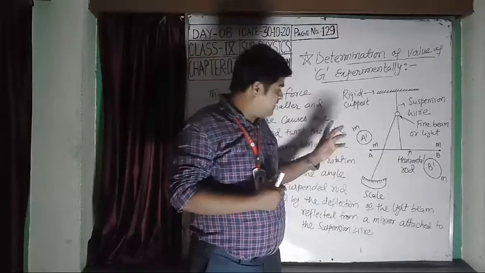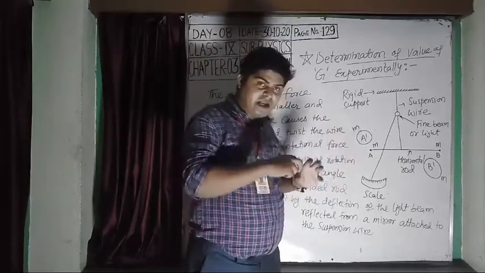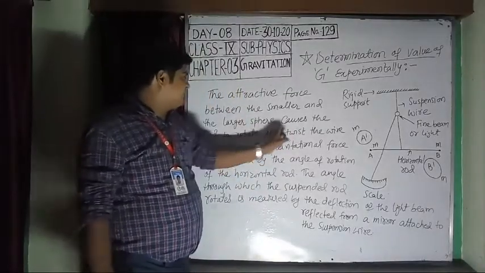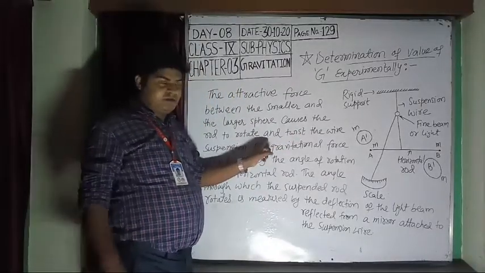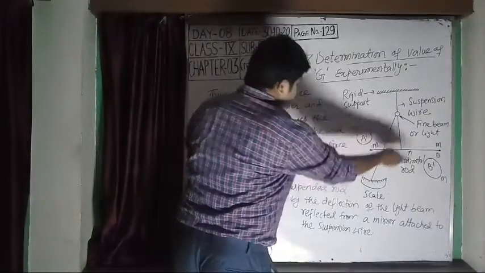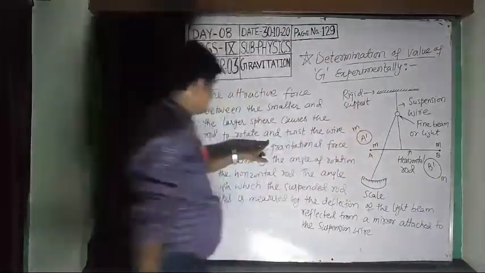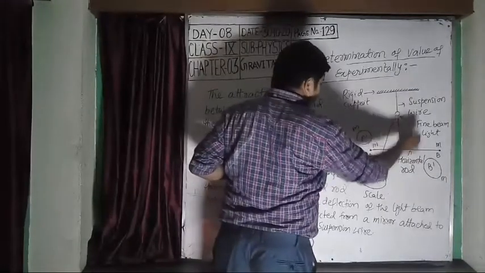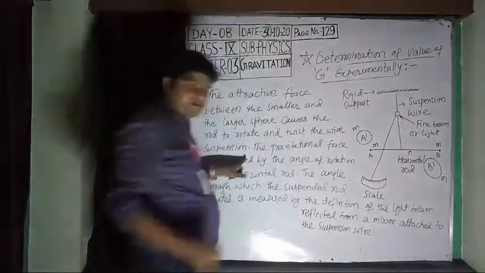When both objects attract each other, the larger sphere causes the rod to rotate, and this twists the suspension wire.